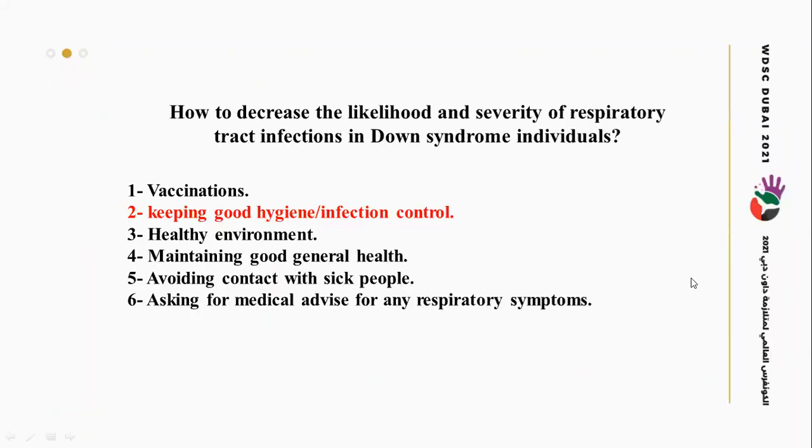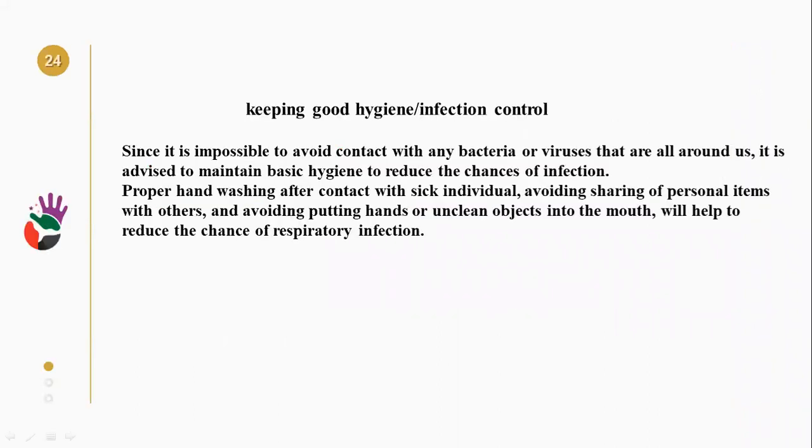The second point is keeping good hygiene and infection control. We know that bacteria and viruses and microbes are everywhere around us, and it's impossible to avoid contact with any bacteria or viruses around us. So it's advised to maintain basic hygiene to reduce the chances of infection.